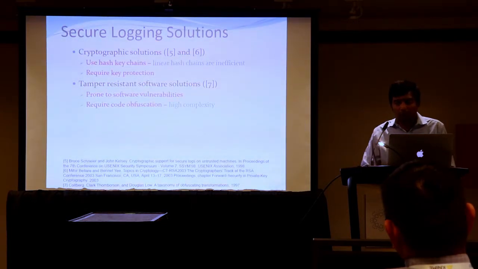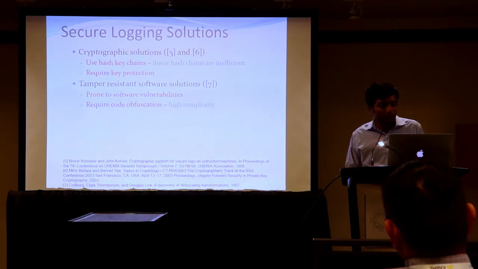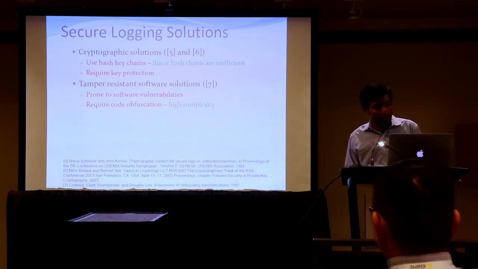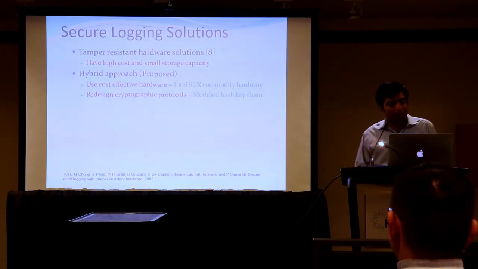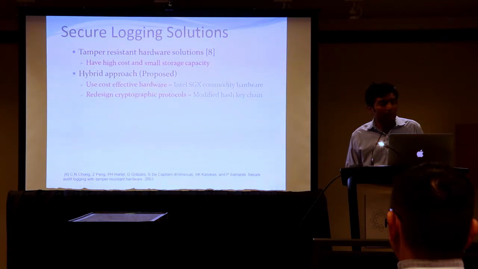There are some existing solutions for this type of work. You can use a hash key chain, but a linear hash key chain would not be efficient. Or you can use a tamper-resistant software solution, but it requires code obfuscation. And there are some hardware-based solutions, but again these incur very high cost and have the smallest storage capacity.